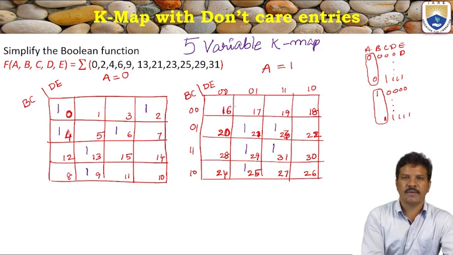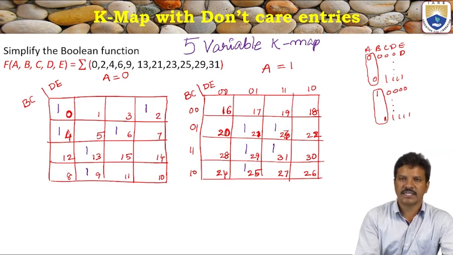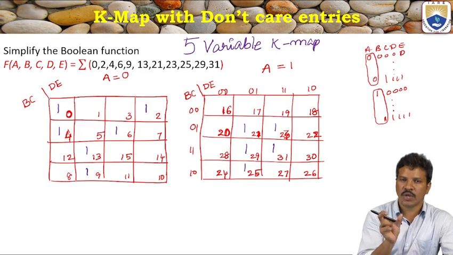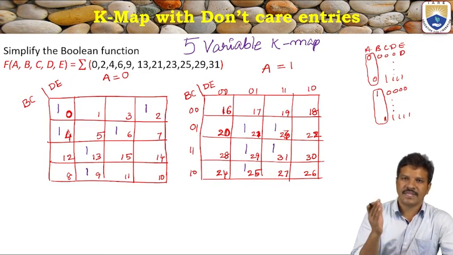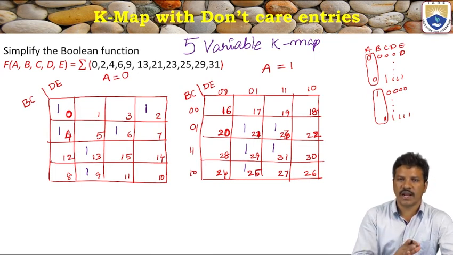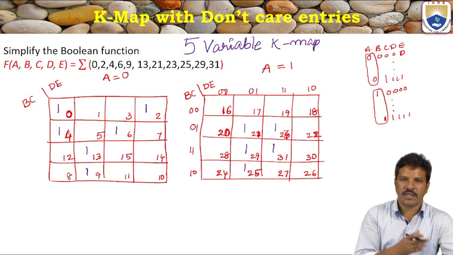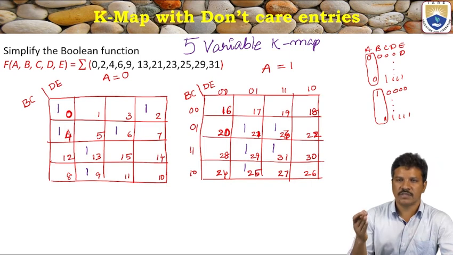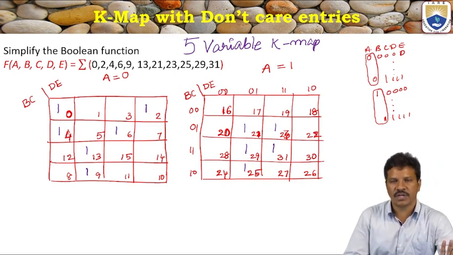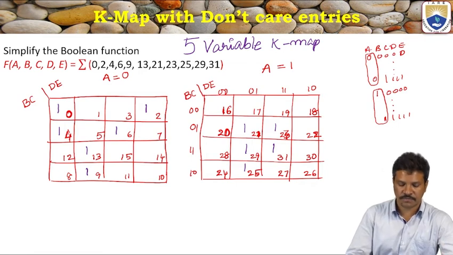If there is a 1 in box 0 and a 1 in box 16, they are adjacent together, like a pair. 17 is a pair, 19 with 3, 18 with 2. Whatever number is in the first row, first one of the first box is adjacent to the first row, first one of the second box, so we can join the numbers.